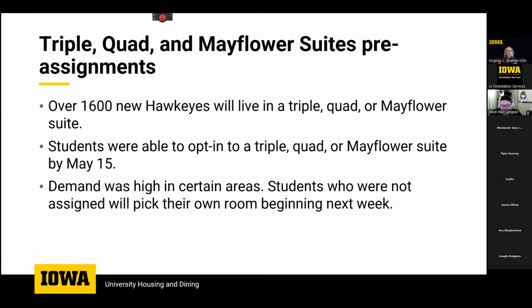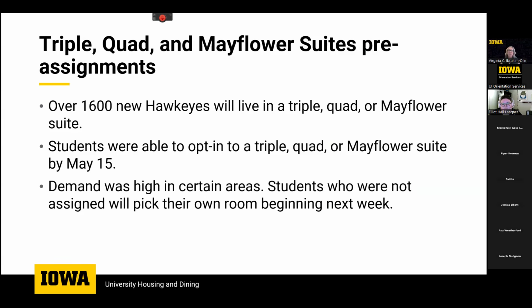All right. So I want to talk a little bit about triples and quads, which have been really exciting. In total, we have more than 1,600 new Hawkeyes who will live in either a triple, a quad, or a Mayflower suite. And students, this was an optional piece for students to say, hey, yes, I'd like to be pre-assigned to a triple, quad, or Mayflower suite. And demand was extremely high in certain areas.